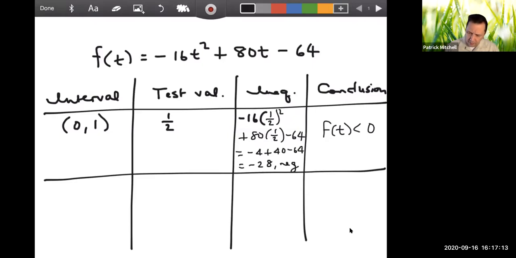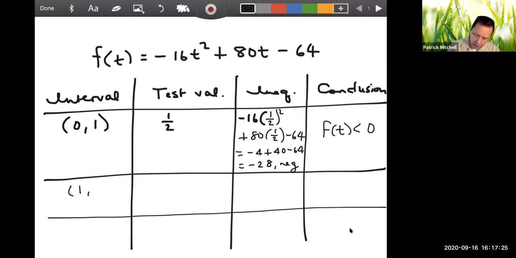All right, I'll try squeezing this in for the last two. I'll be able to use whole numbers as my test values for these other two intervals, so maybe it'll work. Next interval was from 1 to 4. I will use 2 as my test value. So really what we're looking at here is the value of f of t.